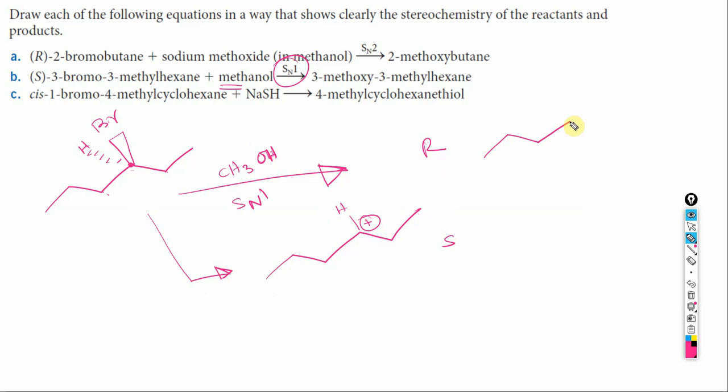Therefore your product structure is going to be OCH3. So that is the product, and you will get a racemic mixture of both the R and the S molecule. So this is going to be 1, 2 and 3. This is S, and this is going to be the R enantiomer.